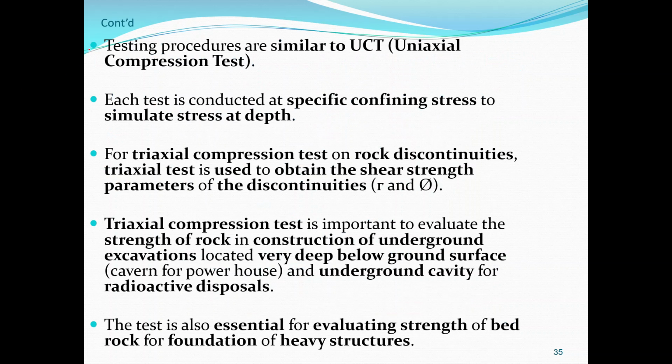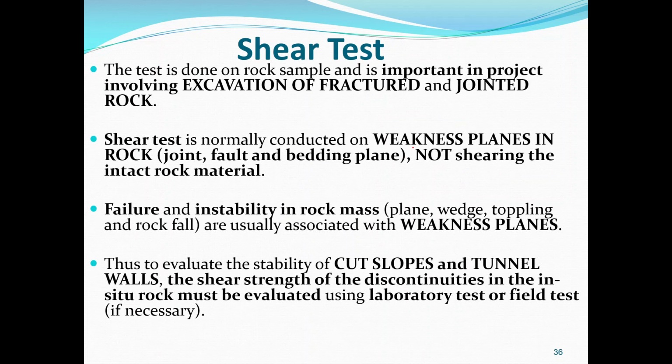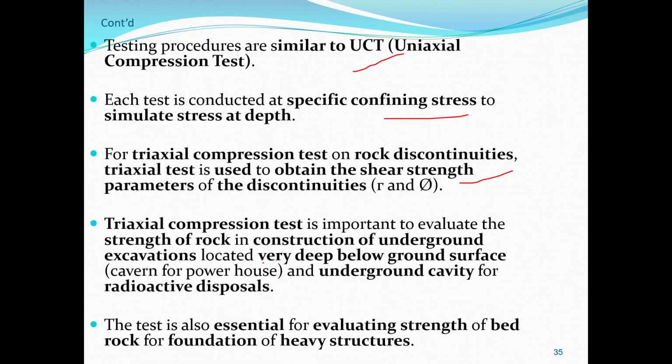So this is how we can introduce the confining pressure to the rock. And then this preparation is similar to the UCT, unconfined compressive test, but we have confining stress, and then that test can be used to obtain the shear strength of rocks, the C and phi values. These parameters are important in underground excavation or rock slopes, and also for heavy structure foundations.